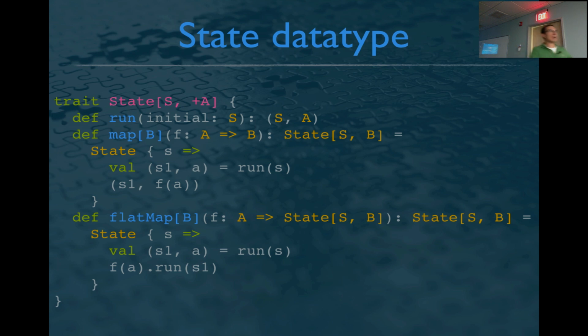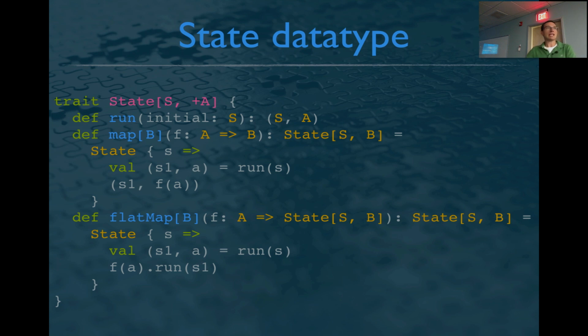And so if I have a State[S, B], but I really need to return overall a State[S, B], in the lambda, if it's returning a State[S, B], I've got a state of a state. That's no good. So I could just run that inner state, right?